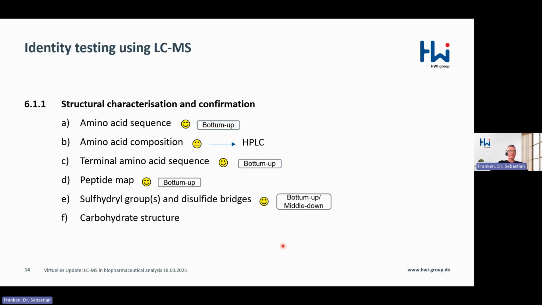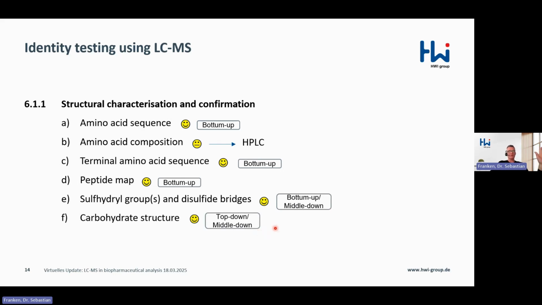We can, of course, very exactly analyze sulfhydryl groups and disulfide bridges in the bottom-up and middle-down mode when we compare the spectra of reduced sample to non-reduced sample, because in the non-reduced sample we still have the bridges, so peptides are bridged. And then if we reduce, we lose these bridges, so we can directly see which peptides are connected with each other and get a map of the disulfide bridges by this.